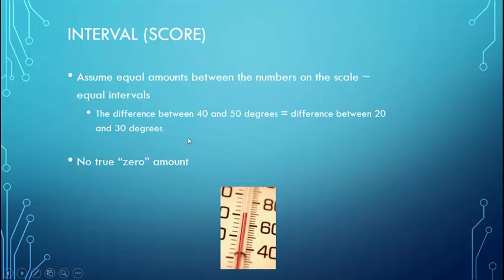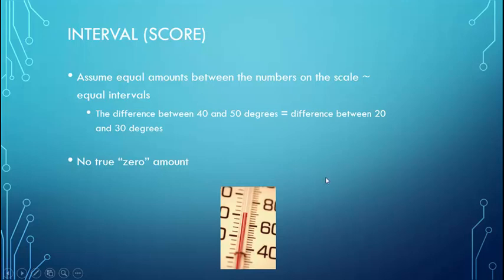So one of the best examples of an interval type of measurement is temperature. Temperature is a number scale. You can say what the temperature today is, let's say 88 degrees, and somewhere else it's 70 degrees, and somewhere else it's 60 degrees. There's a number variable, making it a score variable. And on the thermometer, we assume there is an equal distance between 70 and 71 degrees, right?